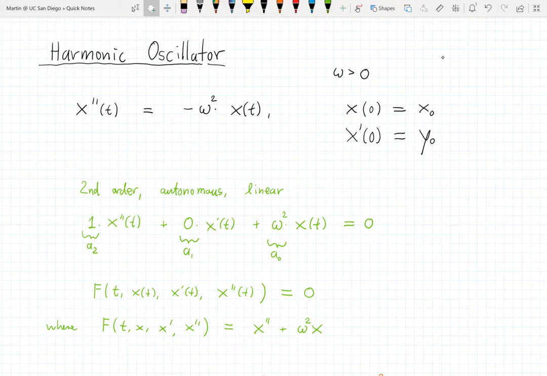And we had initial conditions x of 0 equal x0, the initial condition for the position, and the initial condition for the velocity, x prime at 0 equal y0. Here x is the unknown function, the dependent variable, and t is the independent variable. The harmonic oscillator equation is second order, it's autonomous, and it's linear.